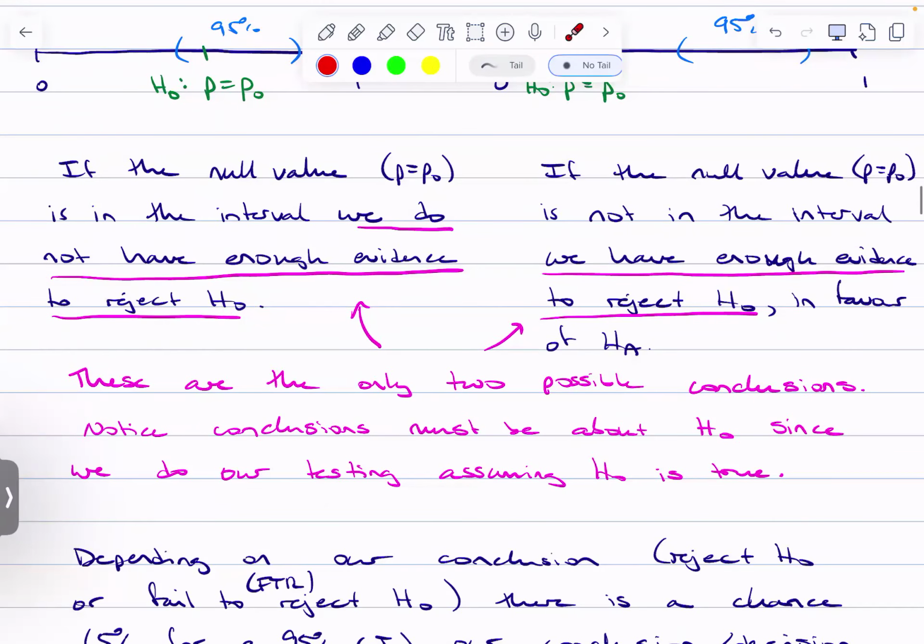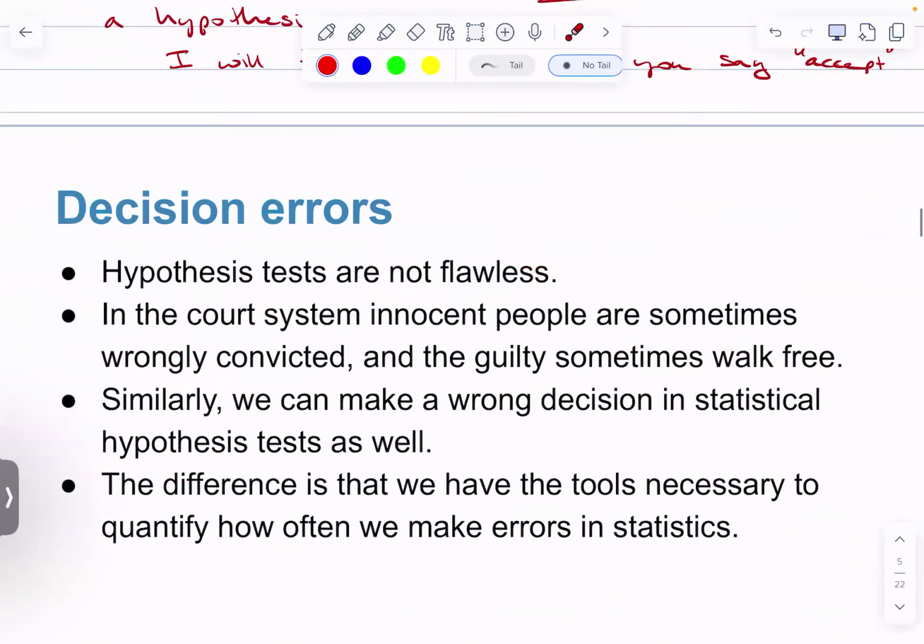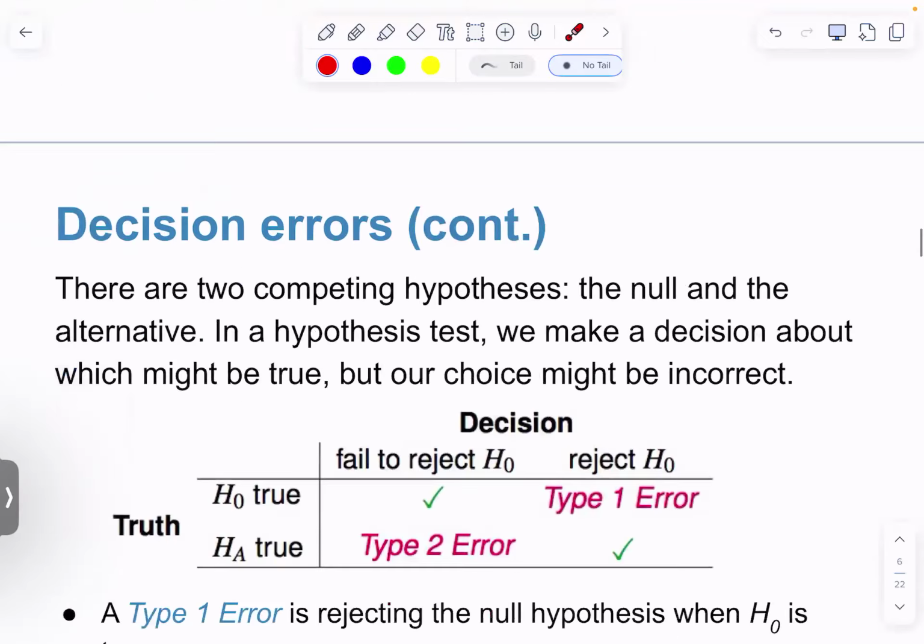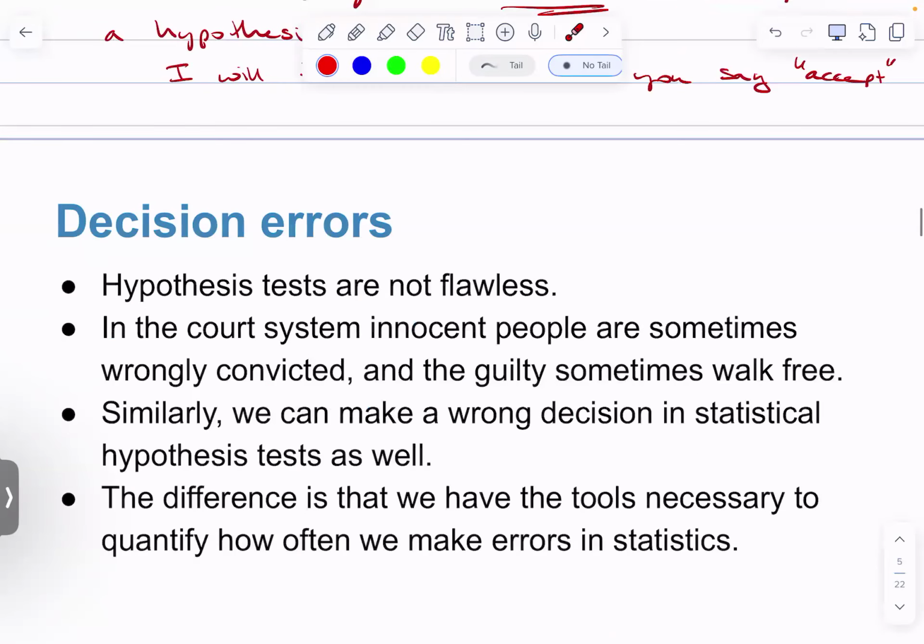The conceptual problem is that we don't know what the truth is, right? And so we can talk about decision errors and just use it as a tool. Usually we talk about the probability of making a type 1 error and a type 2 error. Anyways, it's here on the next slide, so I'm getting there.